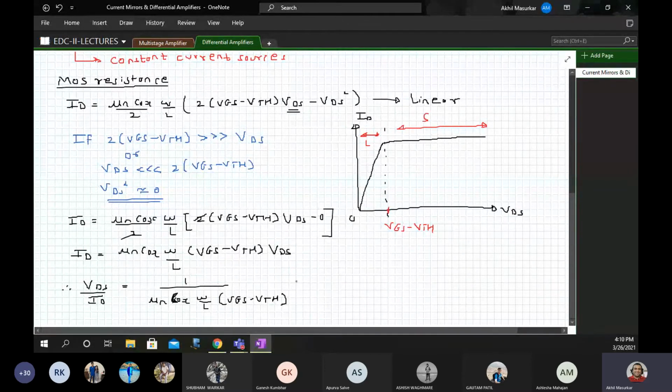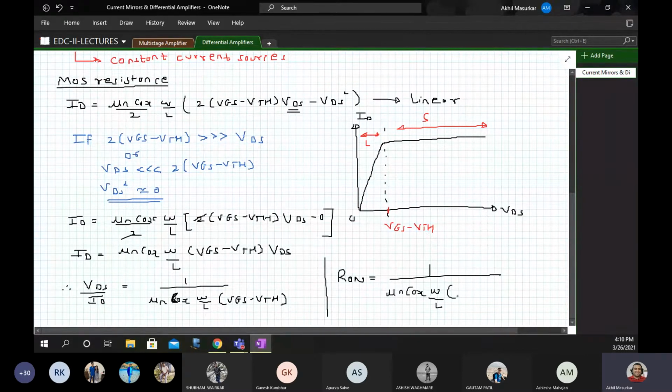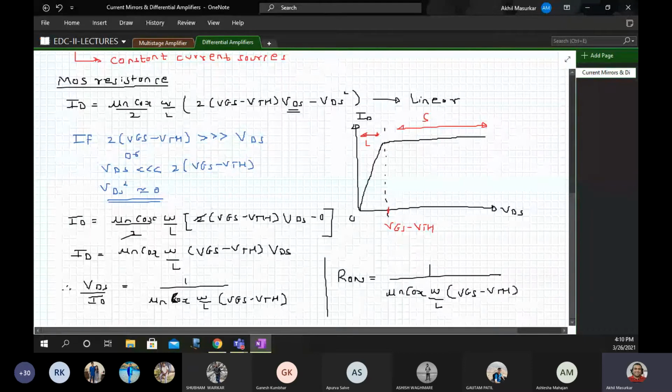So this is nothing but, I will say, the on resistance of the MOSFET, that is going to be 1 over mu n COX W by L into (VGS minus VTH).